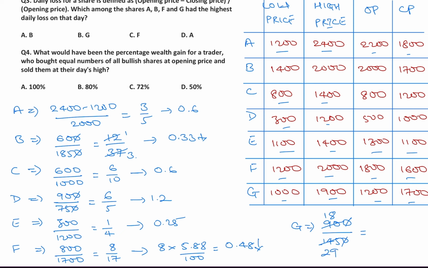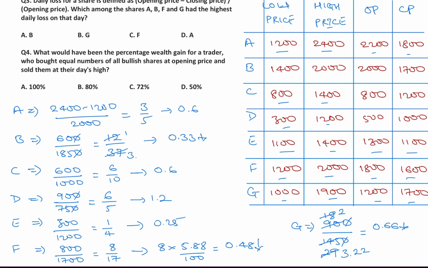So this is 18 by 29. And if I divide this further by 9, so 2 by 3, I know it is 0.66, and this will be somewhere less than 0.66. Okay. So we have the SPV values for all from A to G.